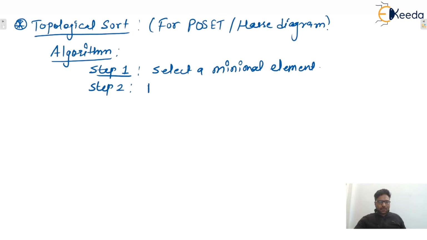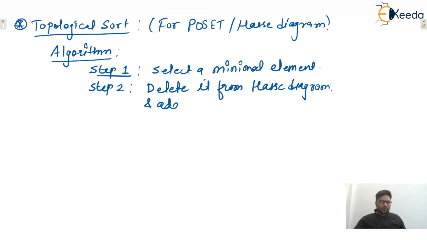Step 2 is delete it from the Hasse diagram and add it to the topological sort or order.